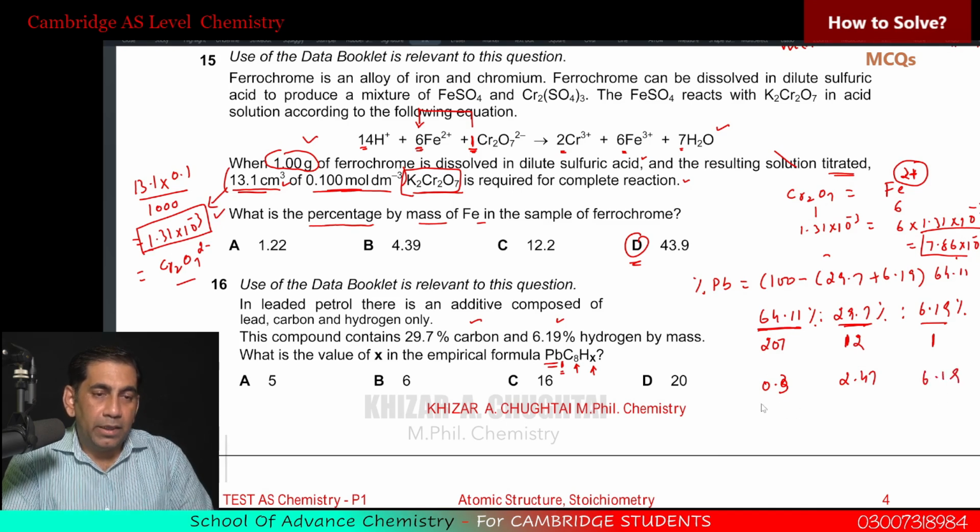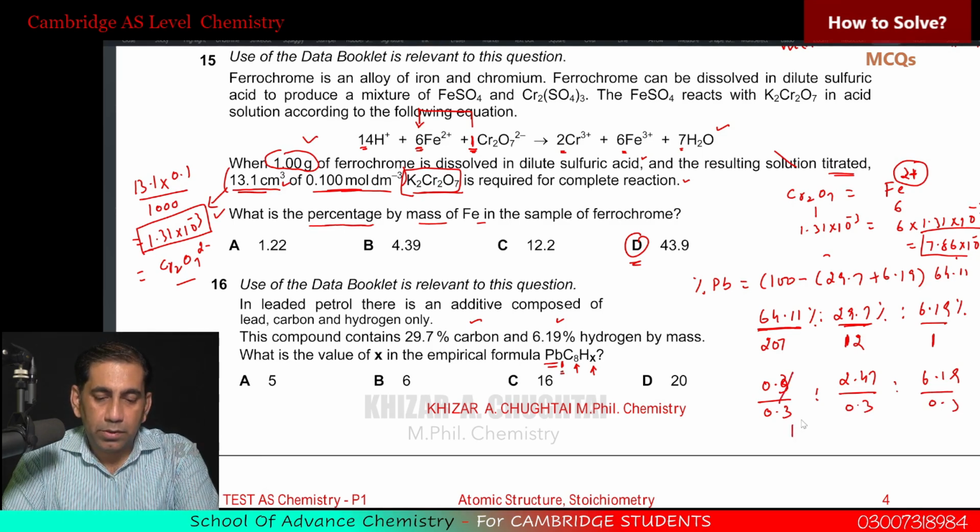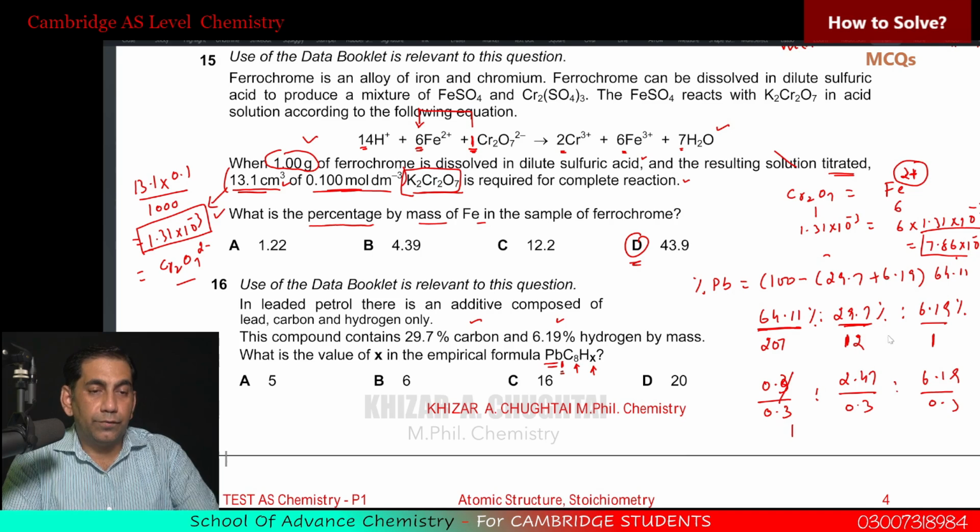And this is 6.19, the similar one. 0.3 is the smallest answer, so we will divide all the other numbers by 0.3. So it will be equal to 1, and 2.475 divided by 0.3 is equal to 8.25 almost, and 6.19 divided by 0.3 is equal to 20 point something.